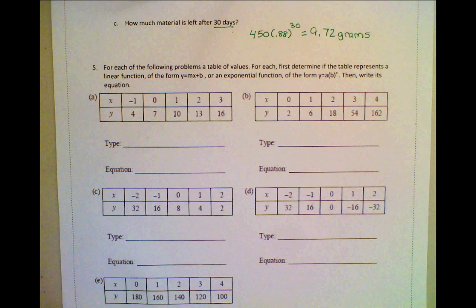For each of the following problems of table values, first determine if the table represents a linear function in the form of y equals mx plus b, or an exponential function in the form of y equals a times b raised to the x. Then write its equation. Here's the key thing with this, guys. You need to remember something.